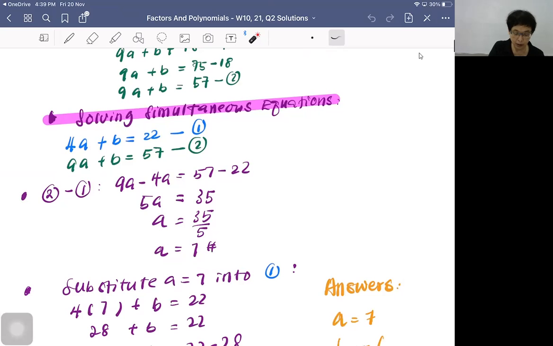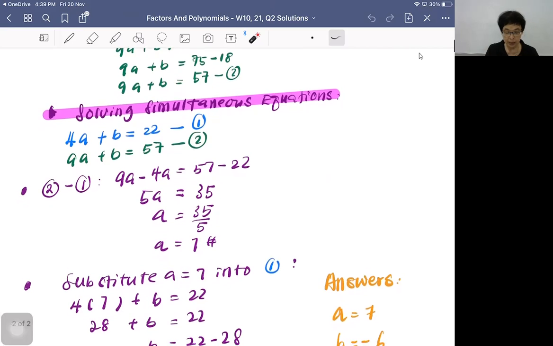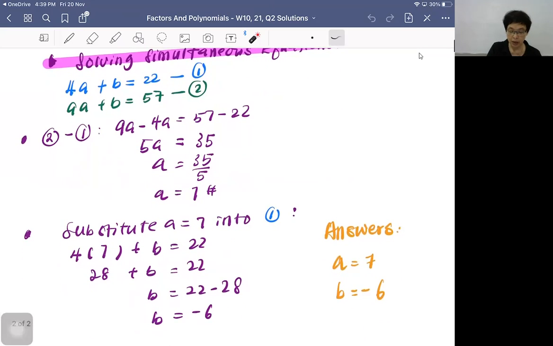So I take 9a minus 4a, which gives me 5a, and 57 minus 22 gives 35. Dividing both sides by 5 concludes that a equals 7.